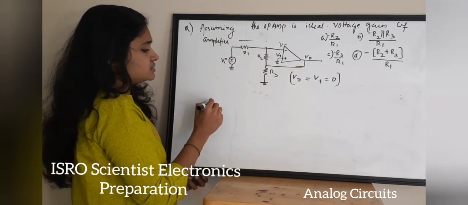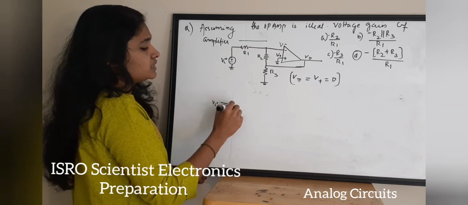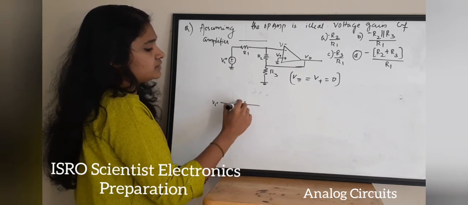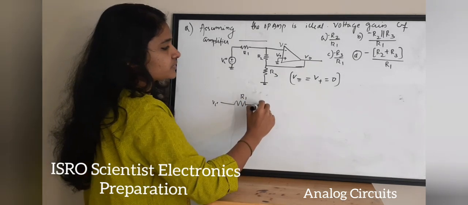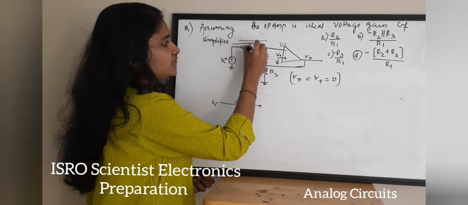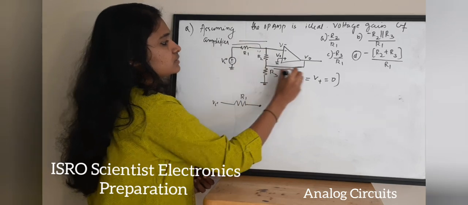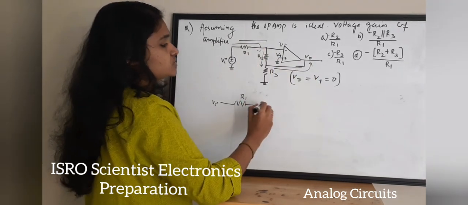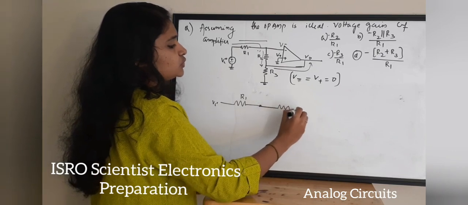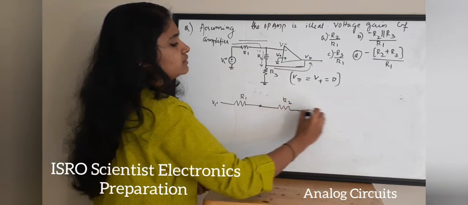Okay, so let us consider this path. That is, there is a V1, there is a resistor connected, that is R1, there is a node here, and I'm going to take this path. Again there is a resistor R2, then there is V out.